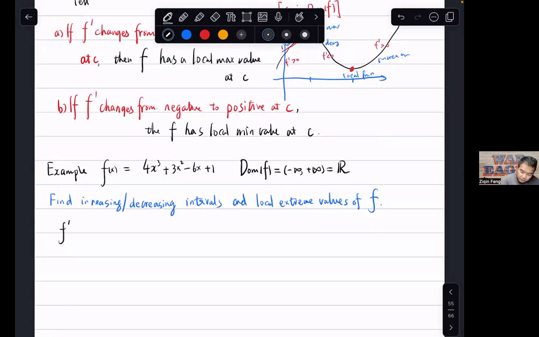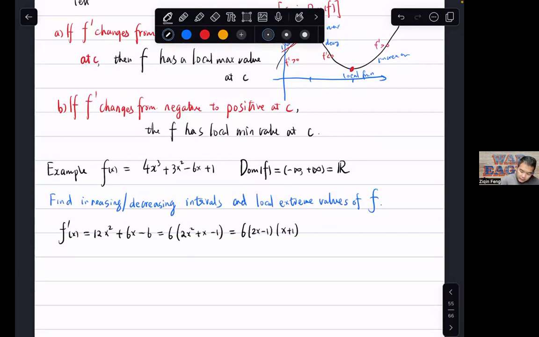So f prime of x equals 12x squared plus 6x minus 6, right? If you want to decide when this derivative equals 0, for sure this derivative always exists. A good way to do that is to factor it: 6 times (2x squared plus x minus 1), which is the same as 6 times (2x minus 1) times (x plus 1), right?